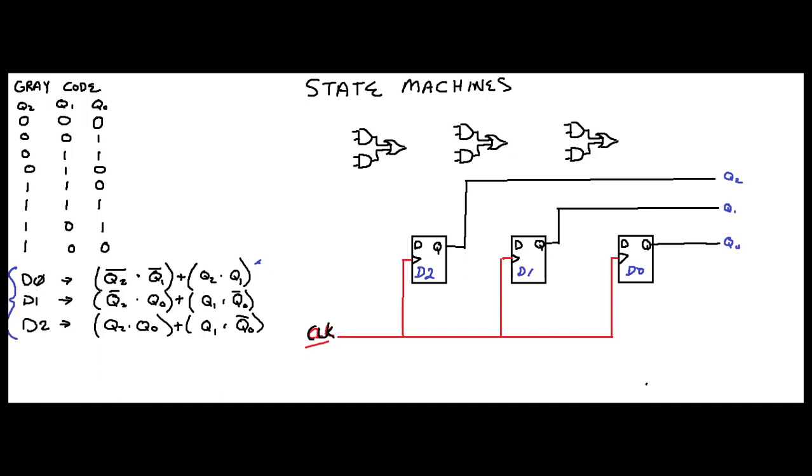So for this one, I'm trying to think of what color I should use. I'll use black. Okay. We're going to come out and then we'll simply connect these together. Right? And let's do the same thing here.